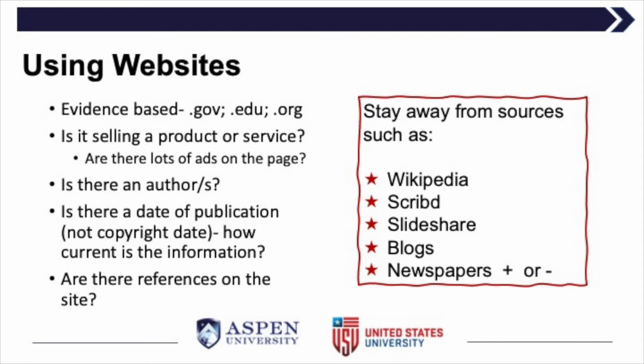For example, in one class I teach, we have a paper that people write about legalizing marijuana for medical use. And a lot of the students went to these marijuana sites that sell products. They sell the paraphernalia, they sell the marijuana, gummies, whatever it is.